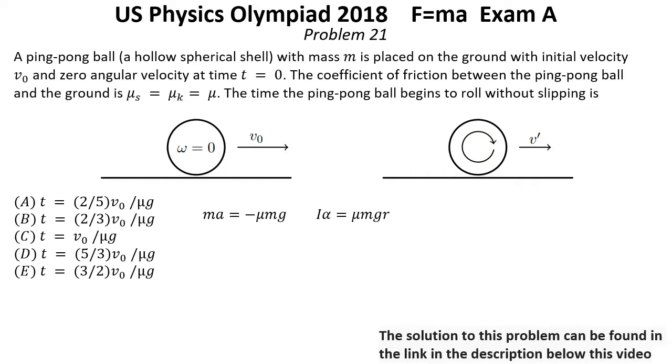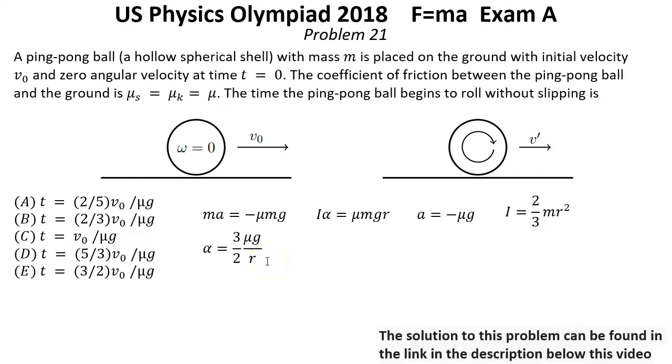From here we can find that acceleration equal negative mu g, and because for hollow sphere we have moment of inertia equal 2 over 3 mr square, from second equation we can find what is angular acceleration. That will be 3 over 2 mu g over r.